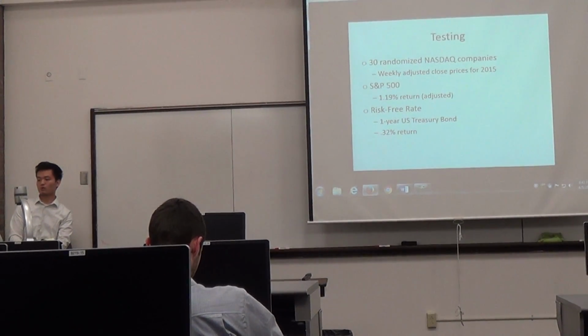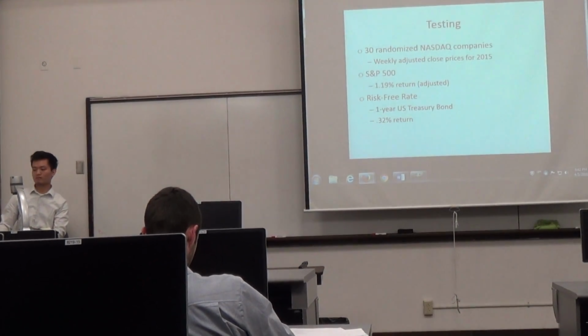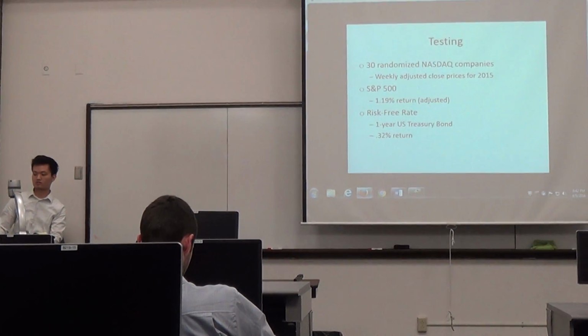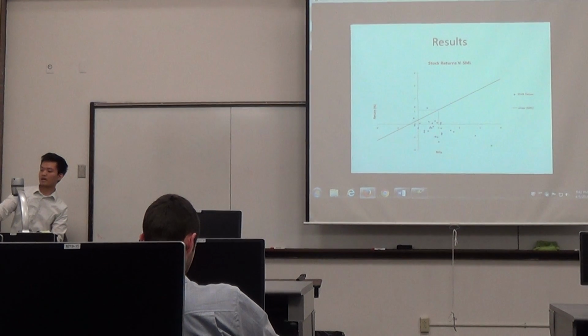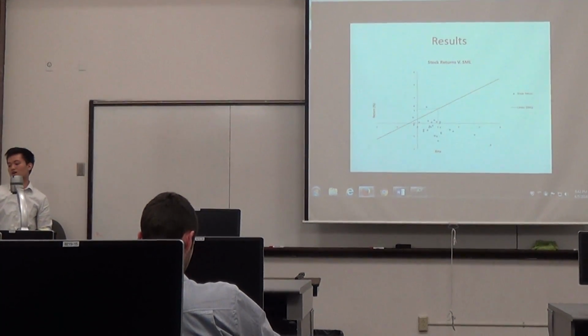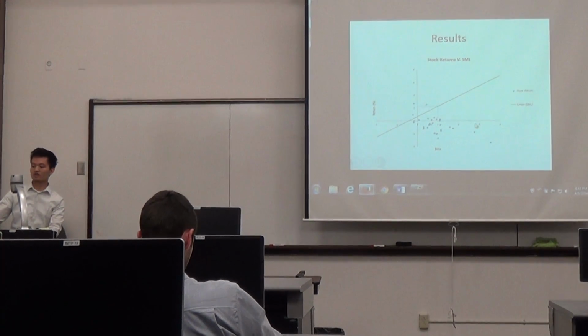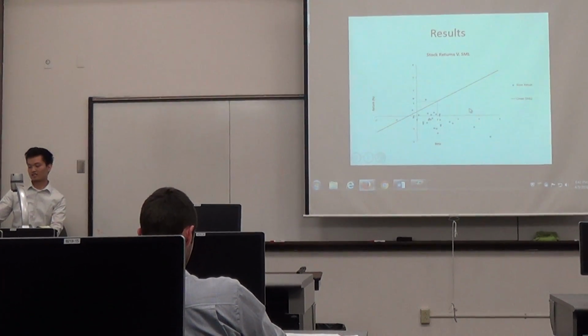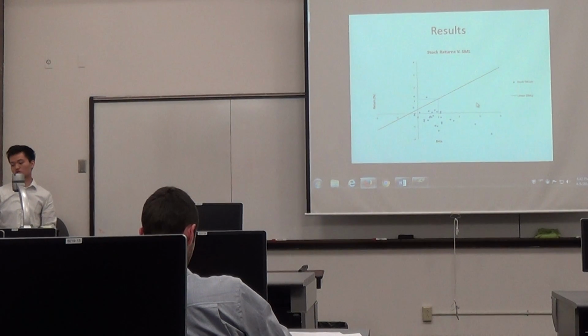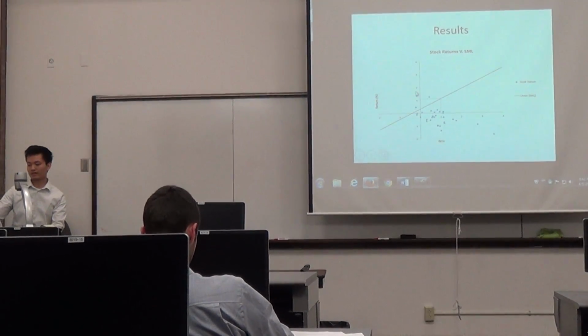If I was able to fix the index and the risk-free rate, I would actually be able to have a negative line instead of a positive line. So it could, I don't know yet, actually follow the trend that we see right here.